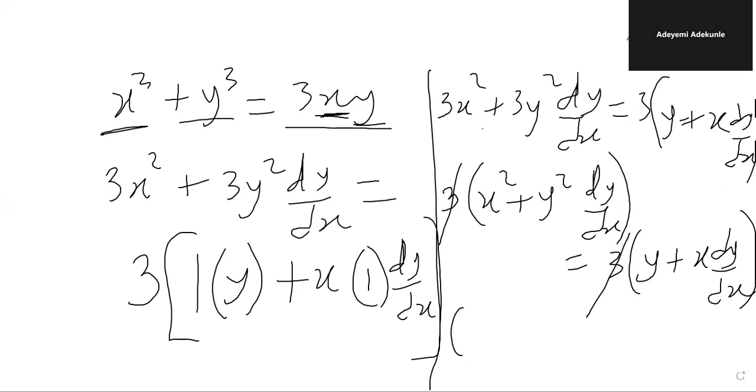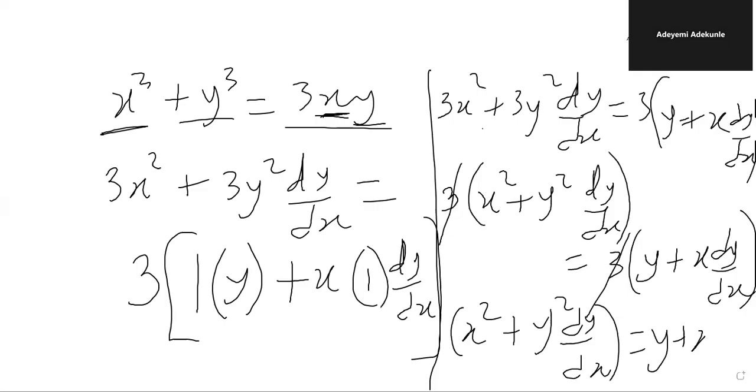It should be into bracket of x squared plus y squared dy dx, not 3 into bracket of x squared plus y squared. You now close bracket, you put dy dx. So you have to be very careful with brackets. So we have x squared plus y squared dy dx now equals, we are left with y plus x dy over dx.